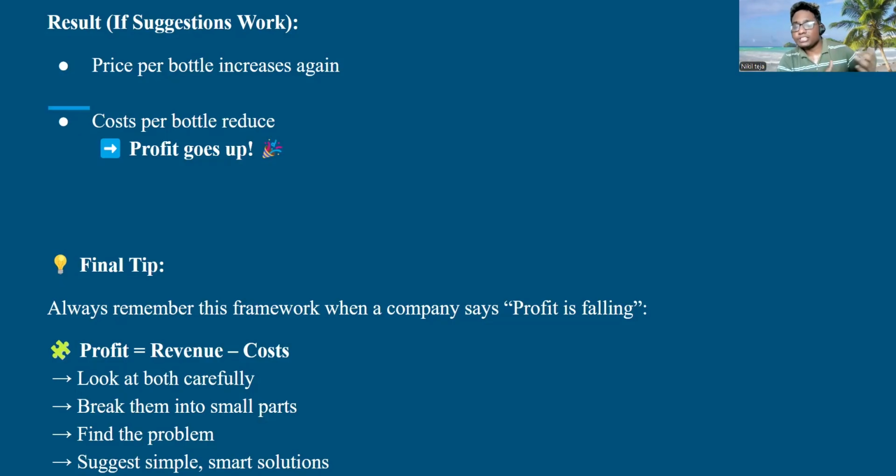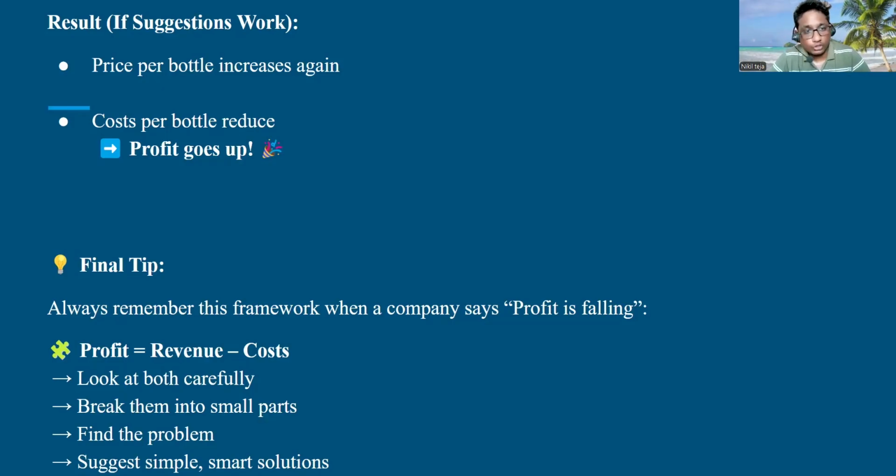Then we check whether the revenue is increasing or decreasing, whether the costs are increasing or decreasing, and accordingly we develop some strategies to increase their profit. So basically, if any business gives a case about profit falling, just remember the profitability framework and break down profit into revenue as well as costs.